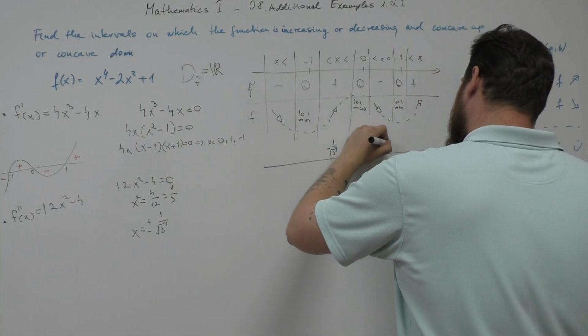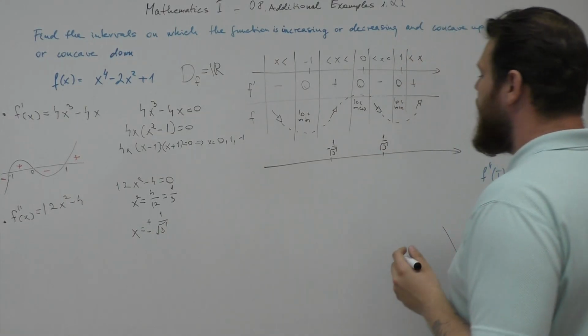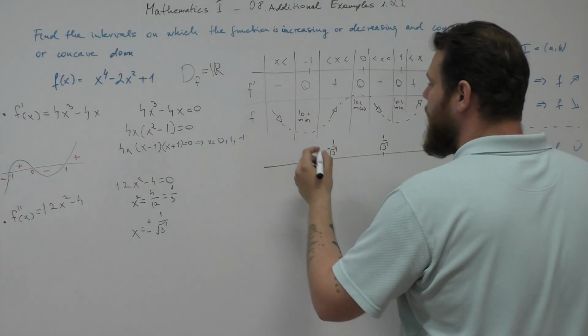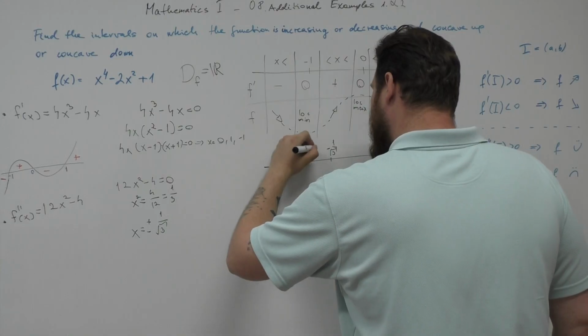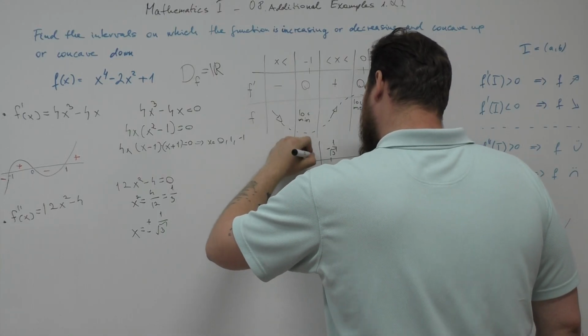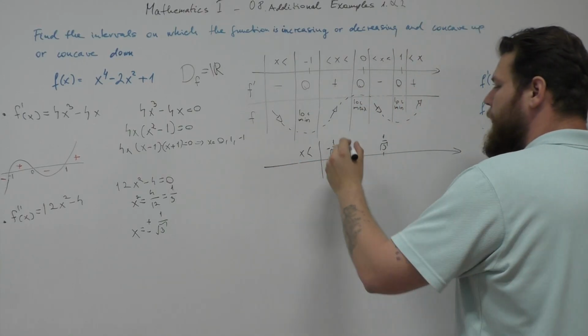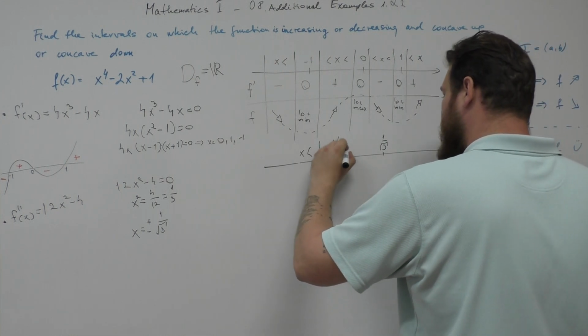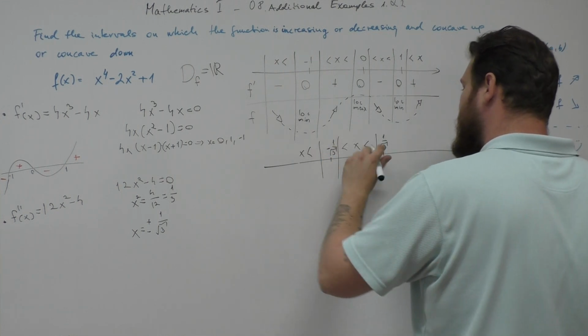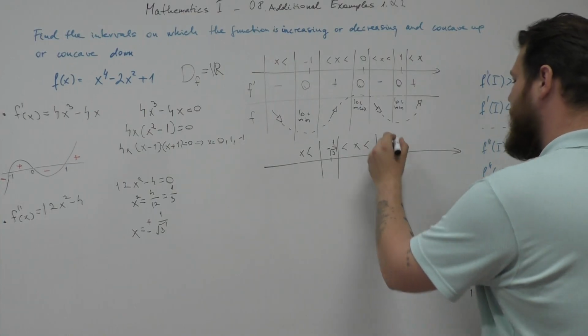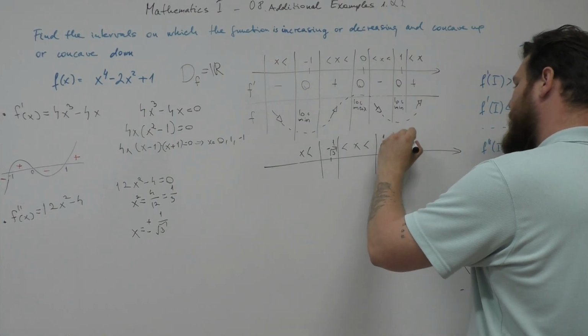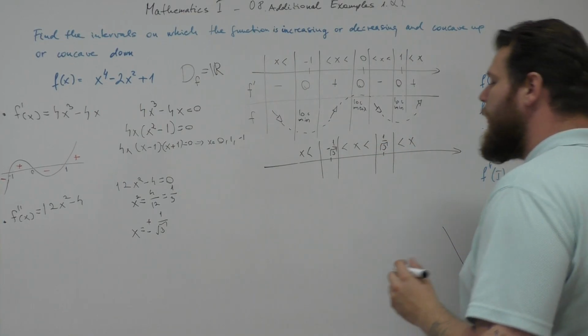We have negative 1 over square root of 3 and plus 1 over square root of 3, and we get intervals like x is smaller than this value, x is in between these two values, and x is greater than this value.